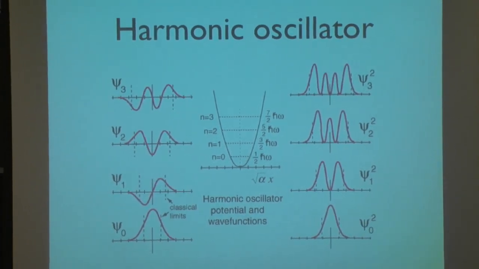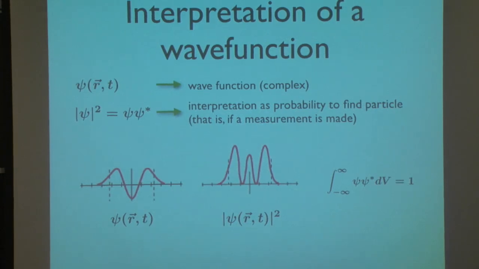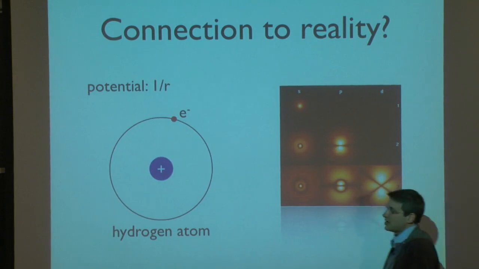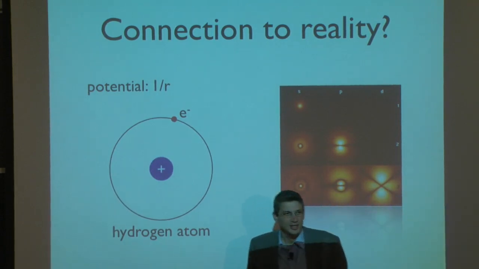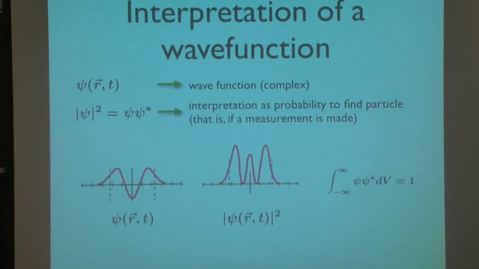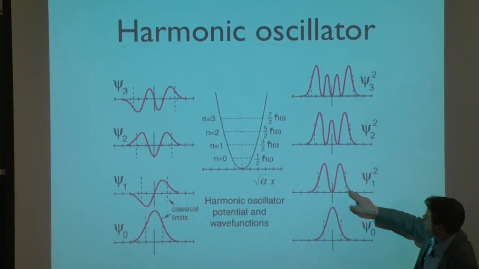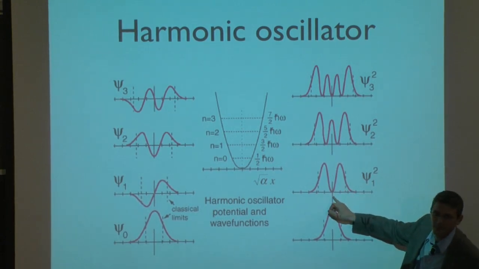That starts to look a whole lot like the hydrogen atom, right? Look at the shapes of these psis. Those have structure, and they also have zeros. They have places where they go to 0.